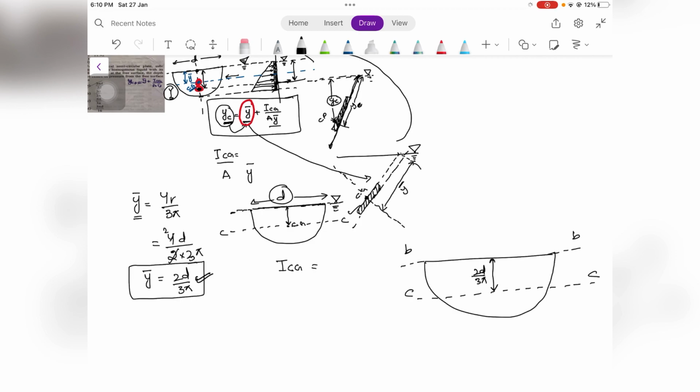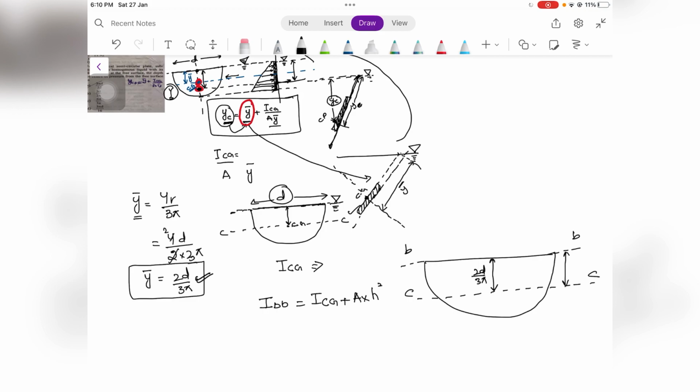Now we can use the parallel axis theorem here and say that the moment of inertia about any axis, say the axis BB in this case, equals the moment of inertia about an axis passing through the CG plus the area times the square of the distance between these two axes.